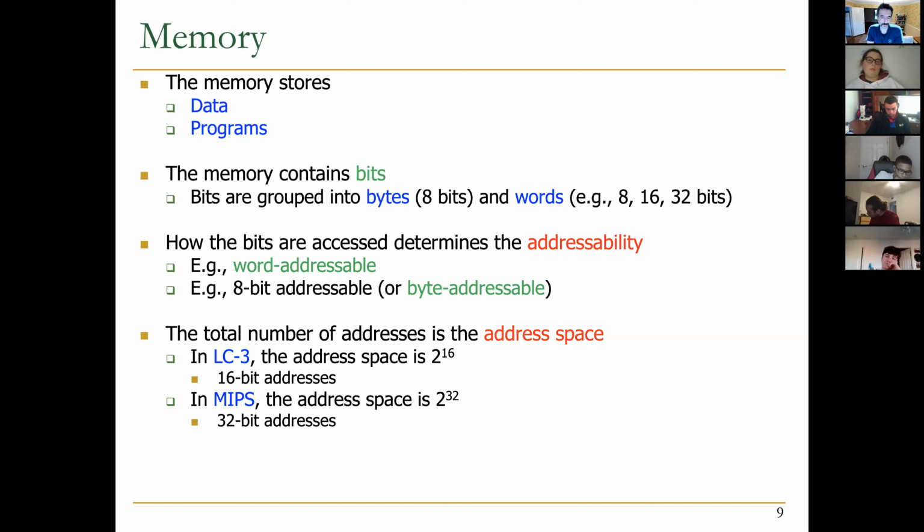LC-3 is 64 kilobytes. And in modern x86-64 computers, the address space is 2^48.